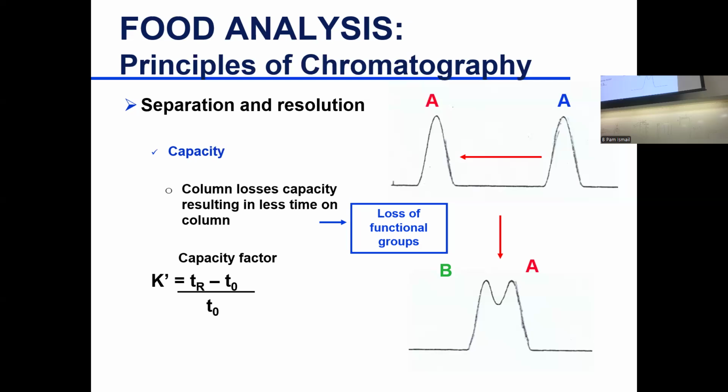So A, instead of coming out at 10 minutes, will come out at 7 minutes. And if there was another compound coming out at 5 minutes, they're going to coelute. So they will stay less on the column, they will have more coelution. So that's what capacity means. We lose capacity over time, and they will interact less with the stationary phase.